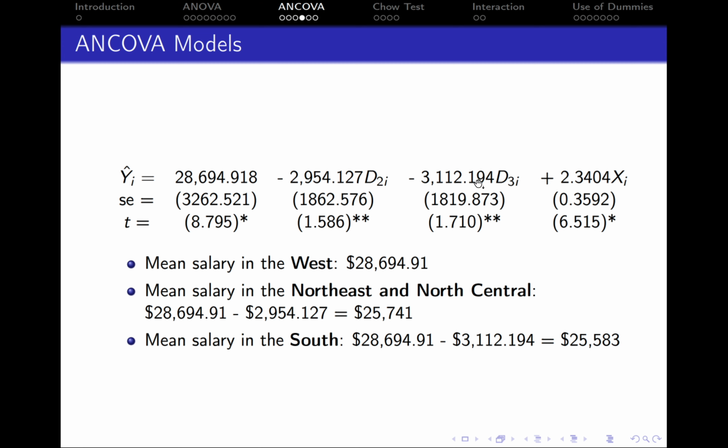To get the mean salary in the South, once again, we take the mean salary in the West, which is the intercept, and subtract the coefficient on dummy 3. So we get that the mean salary in the South is equal to 25,583. From this example, you can see that teachers in the West earn more than teachers in the North and the South, and teachers in the South earn the least in comparison to the West and the North.